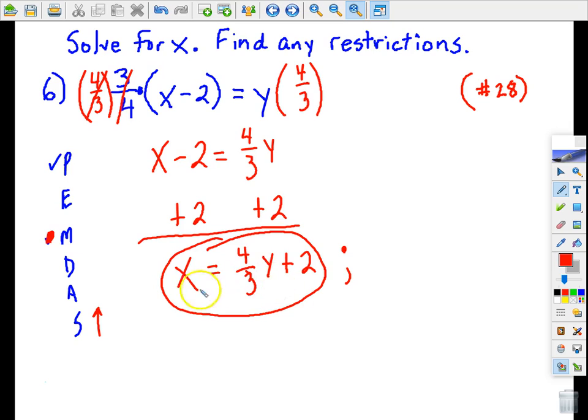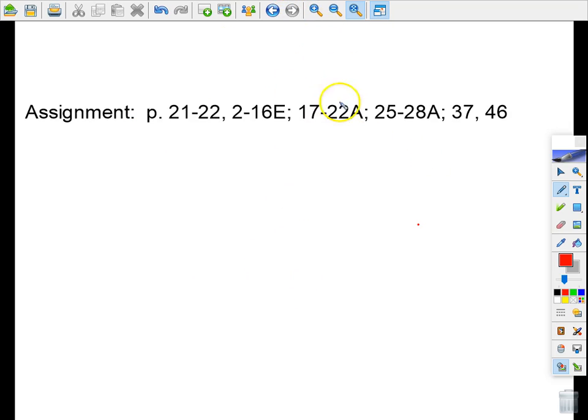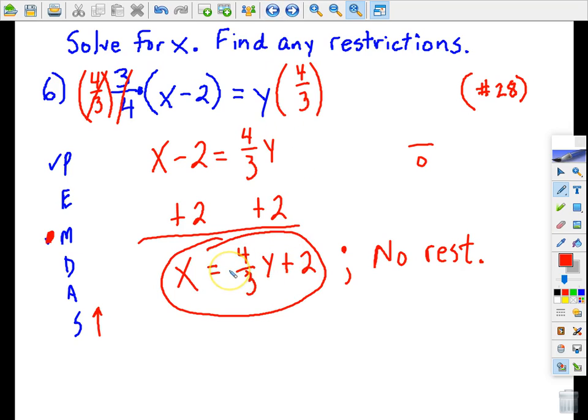So I don't have any fractions that contain variables in the denominator. So there are no restrictions, and I need for you to tell me that so I'll know that you checked. So this is a case where our variables are not restricted by any particular number to prevent division by 0.